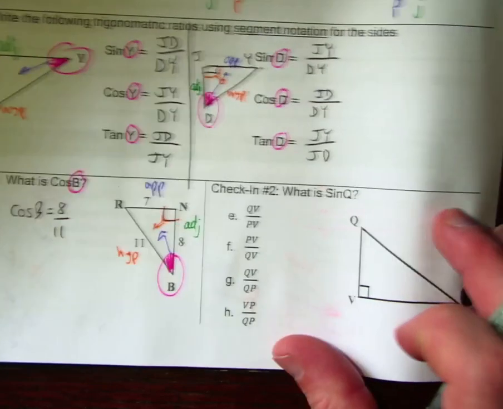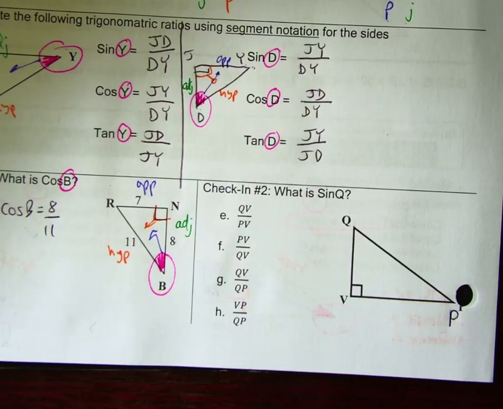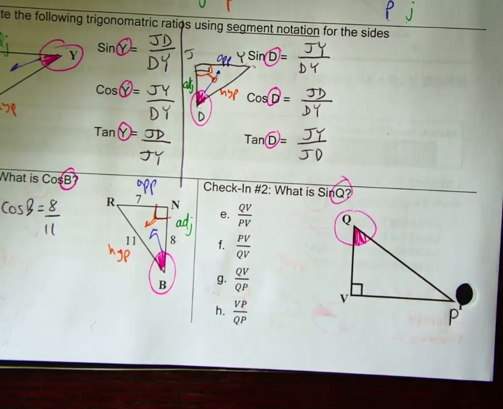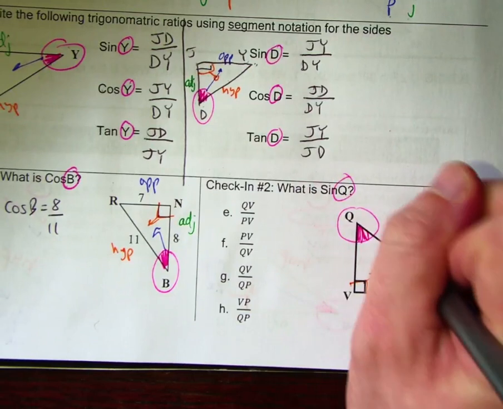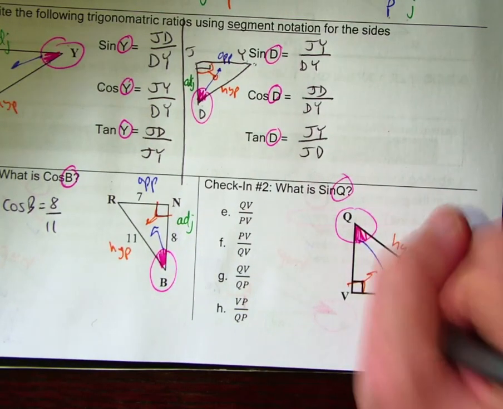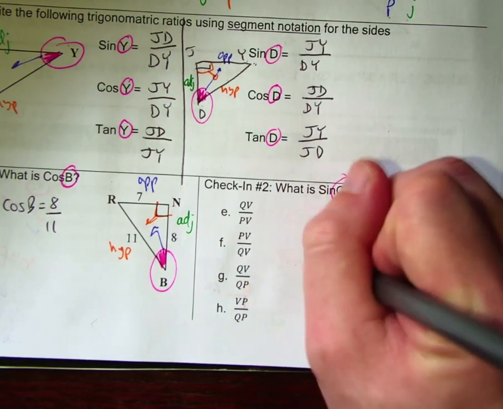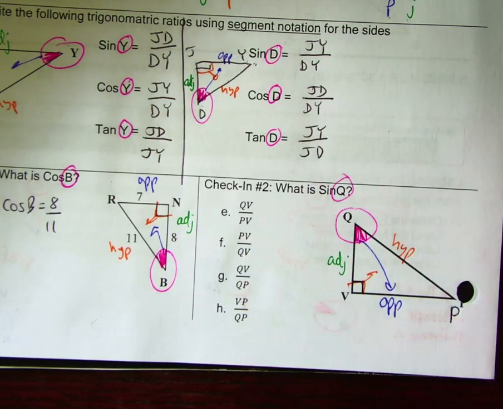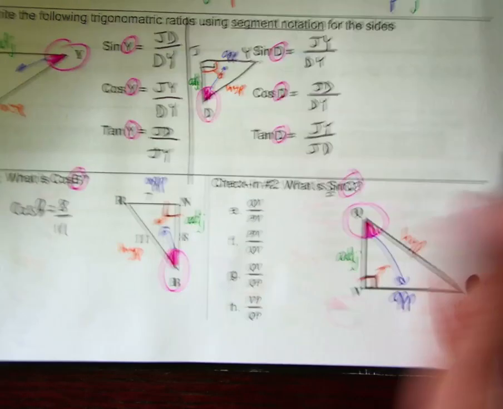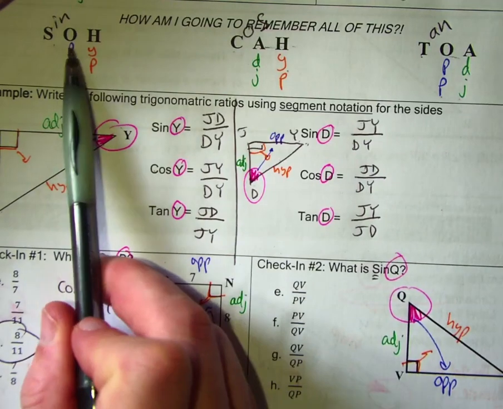And then I try this one. What is sine of Q? Q is the reference angle. Hypotenuse is always the same, but this side is my opposite, whereas this is my adjacent. And so I want sine of Q, the S for SOH, opposite over hypotenuse.